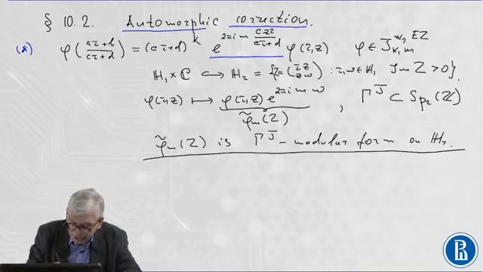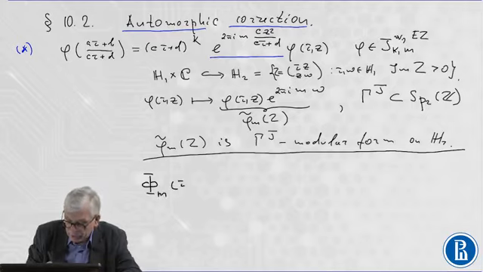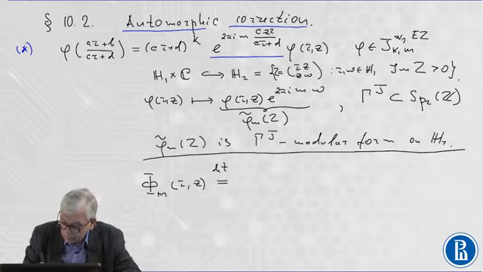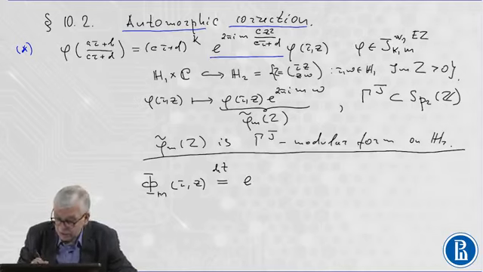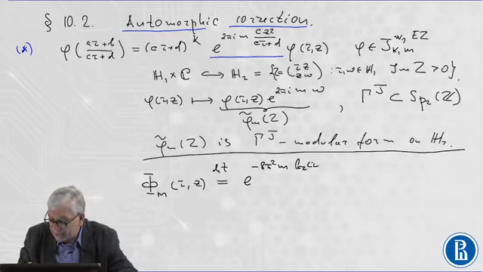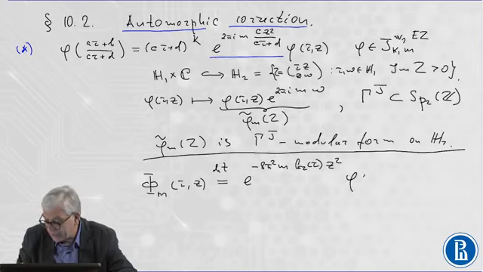By definition, the capital phi with index m in tau, z is equal to e to the power minus 8 pi squared m G2 in tau, z squared, times phi of tau, z.